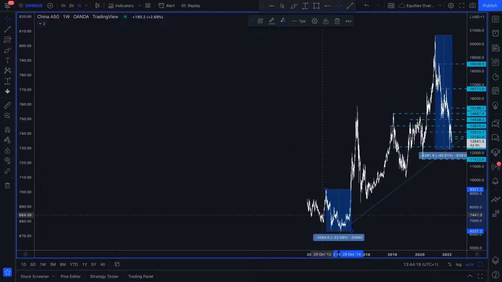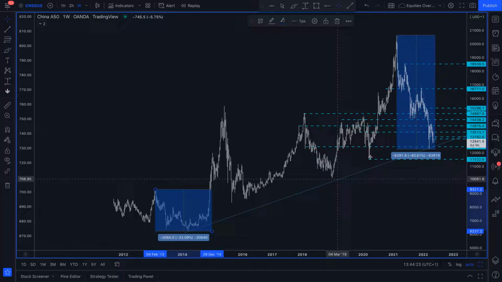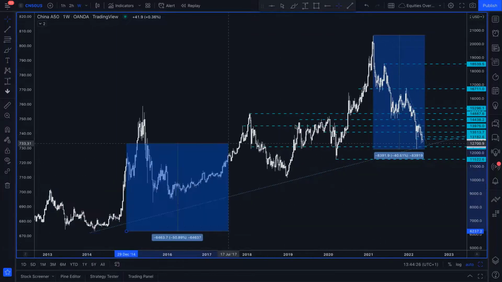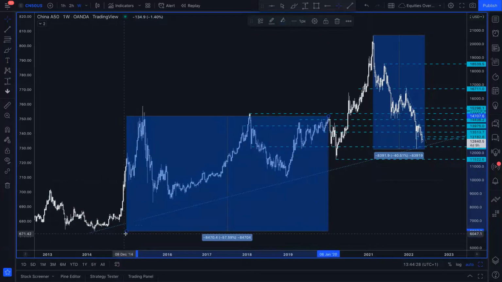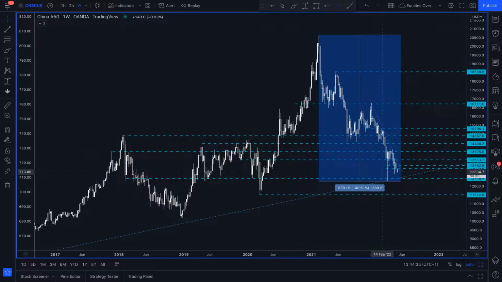So 30% recovered, 46% recovered, 33% recovered. Again, another slightly smaller drop here, 21% recovered. So I'm anticipating recovery here.